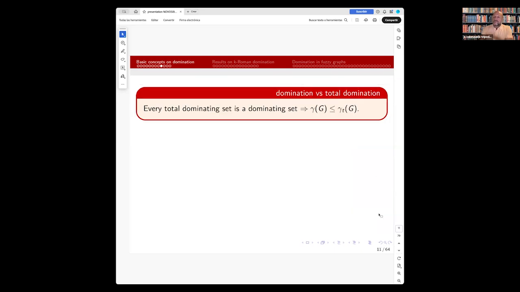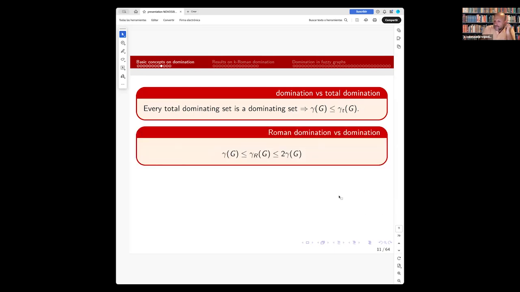Of course, there are a lot of results relating all of these parameters. It is well known that the domination number is less than or equal to the total domination number, of course, because every total dominating set is a dominating set. And maybe the first or best known inequality regarding Roman domination and domination is the one presented here, in which we can upper bound and lower bound the Roman domination in terms of the domination of the graphs.